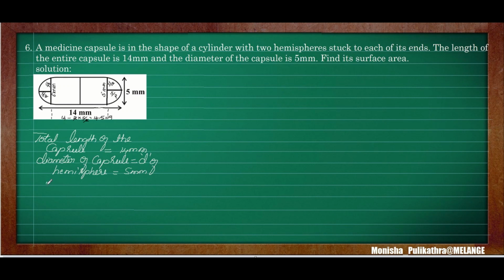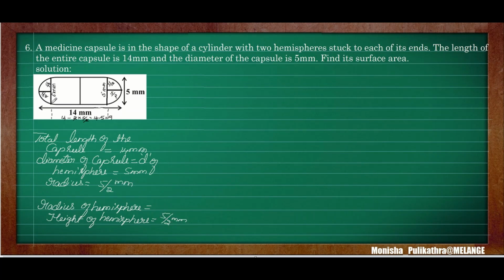If the diameter is 5 millimeter, then the radius will be 5 by 2. We know that the radius of the hemisphere is equal to the height of the hemisphere, which is 5 by 2 millimeter.